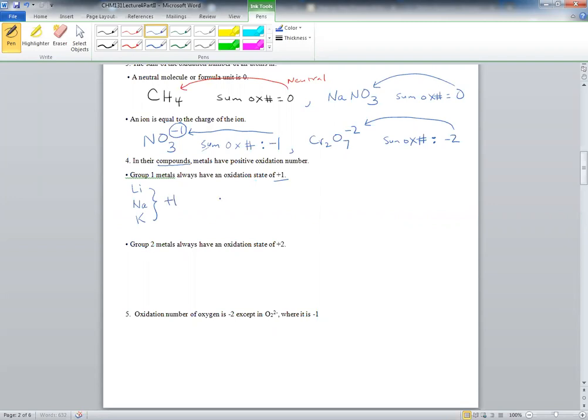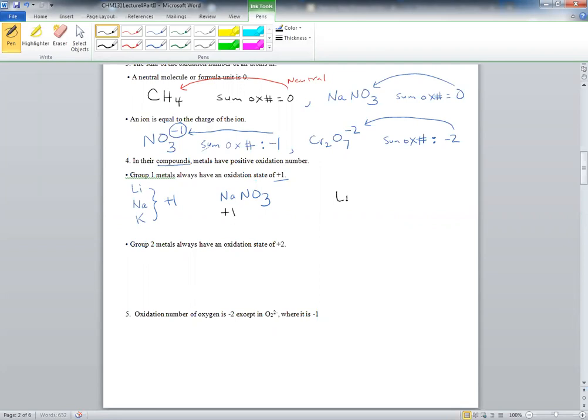What do I mean? Well, we just talked about NaNO3, so there should not be any doubt in your mind that that is going to be a +1 for sodium. It is group 1. It's going to be a +1.